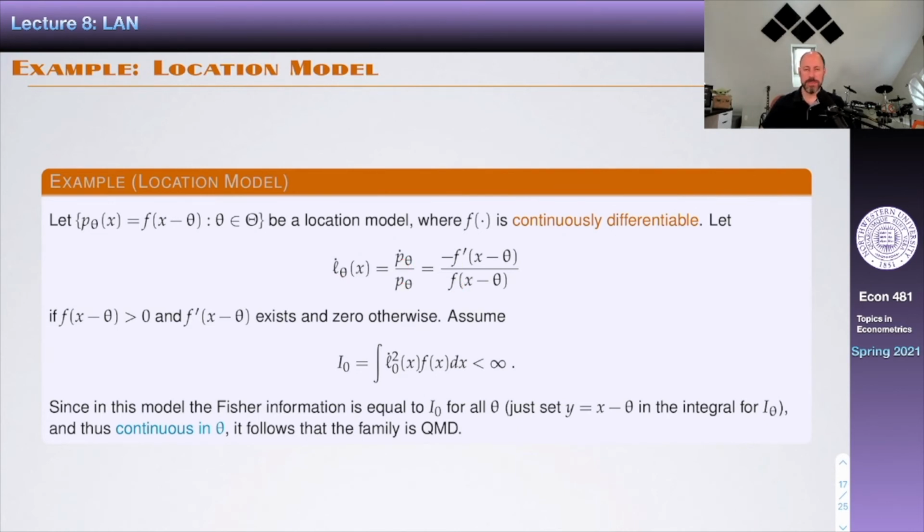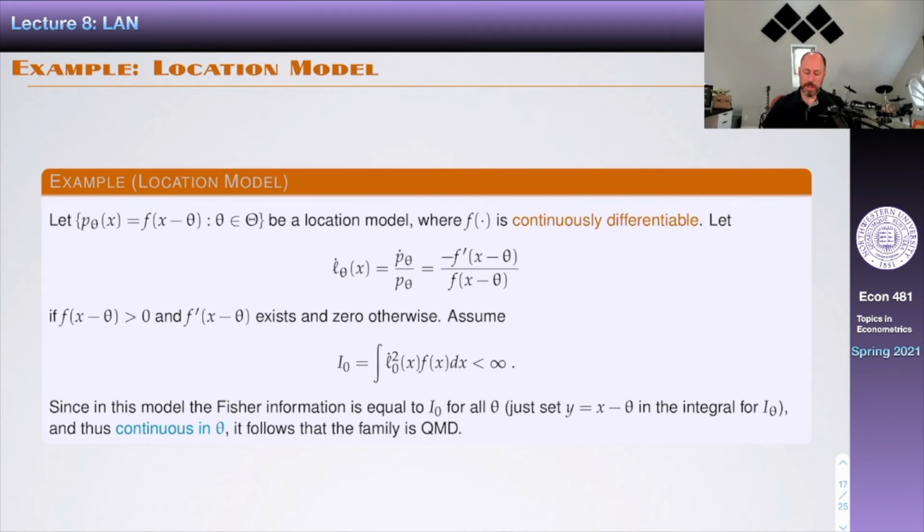And here I'm sort of mixing notation because I'm denoting the derivative here by a prime and here by a dot, but you get it, hopefully. And so we're going to define it like this whenever the denominator here is positive and the derivative exists, and zero otherwise. Okay, and we're going to assume that this Fisher information at theta equal to 0 is finite.